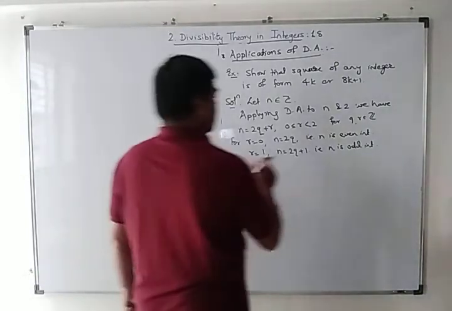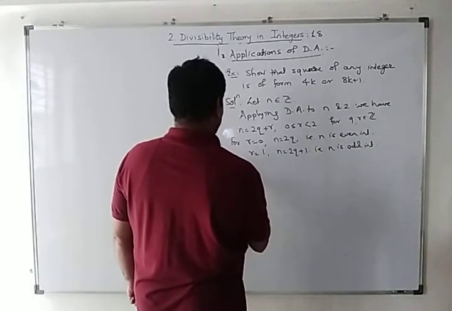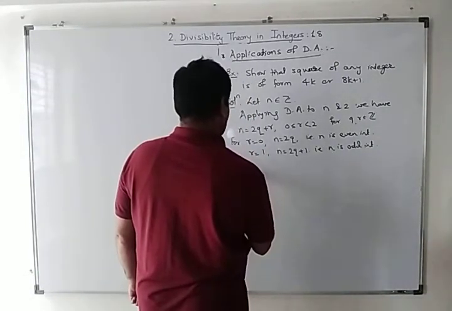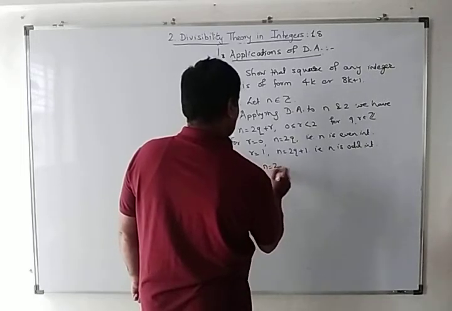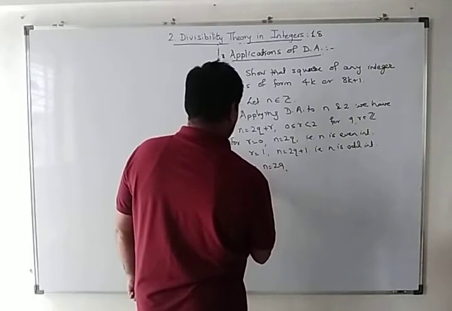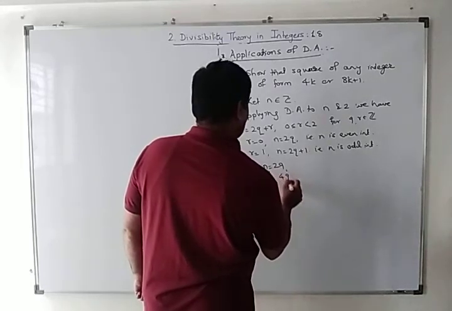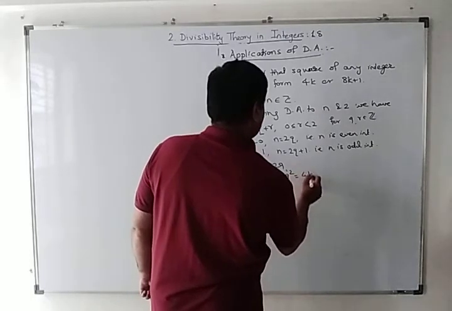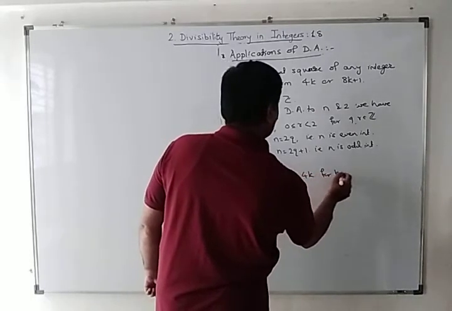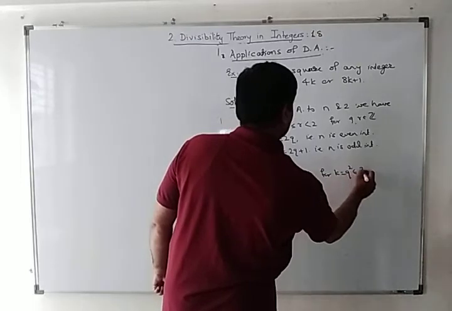Okay. Now for n equal to 2q, n square is equal to 2q square, which is 4q square, which is equal to 4k, for k equal to q square belongs to Z.